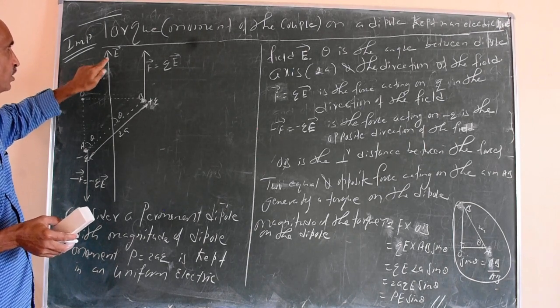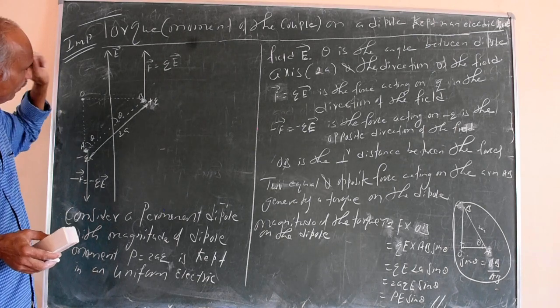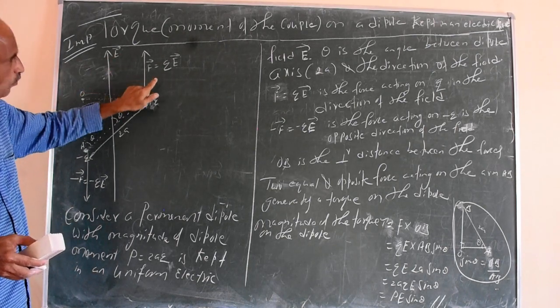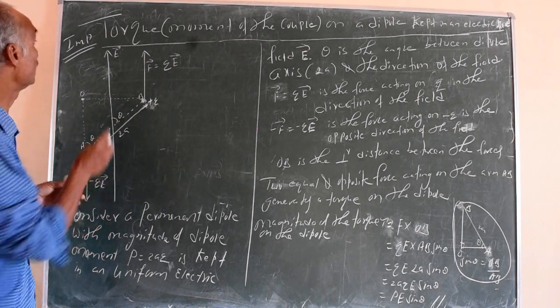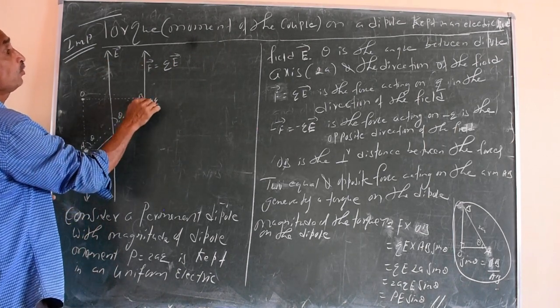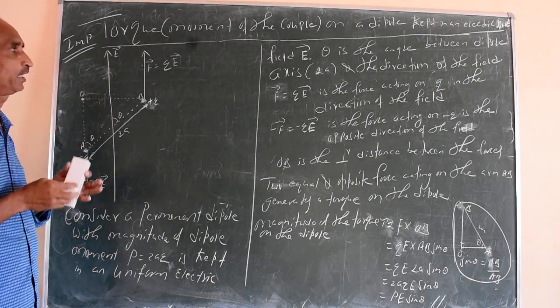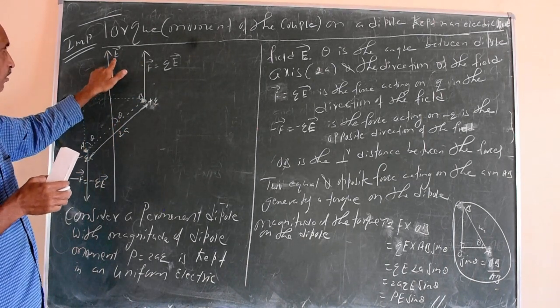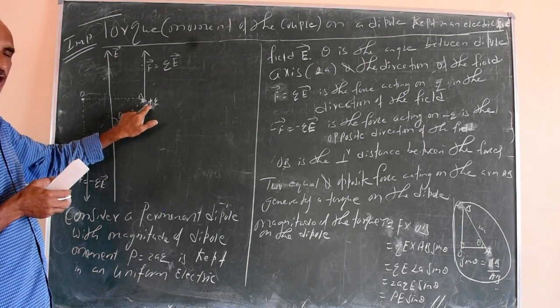If the charge is positive, kept in a field E bar, then the force is F equal to qE, and this force will be in the direction of the field. The direction of the force and the direction of the field will be the same when the charge is positive.